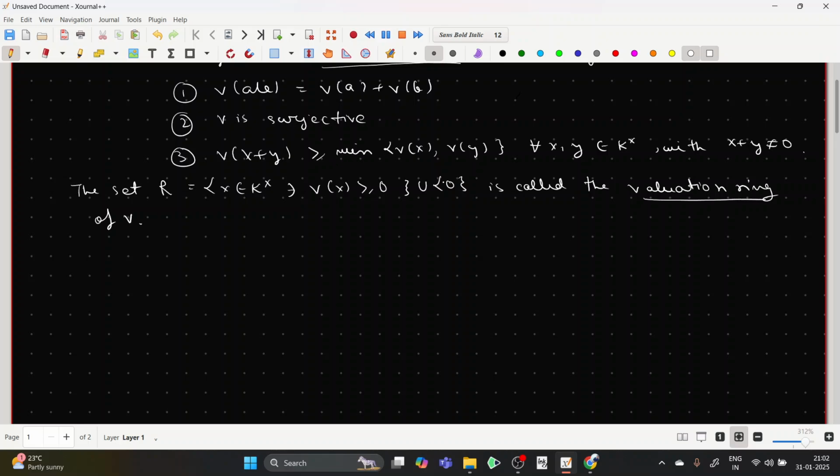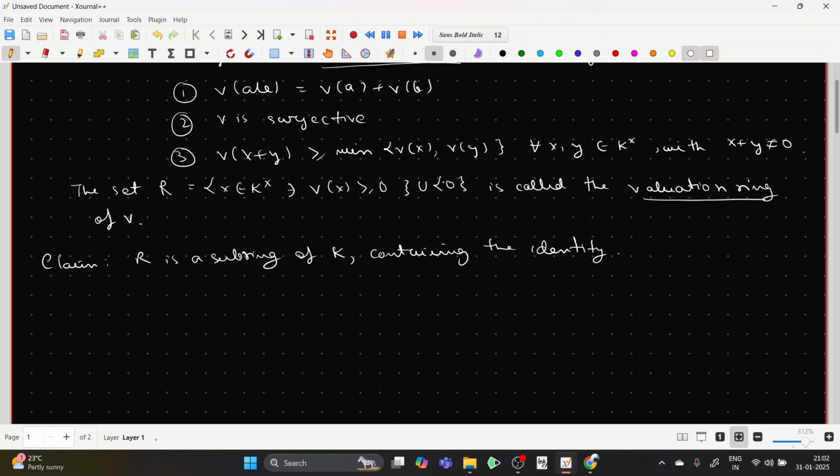So now claim that R is a subring of K containing the identity. This is something which we need to prove.